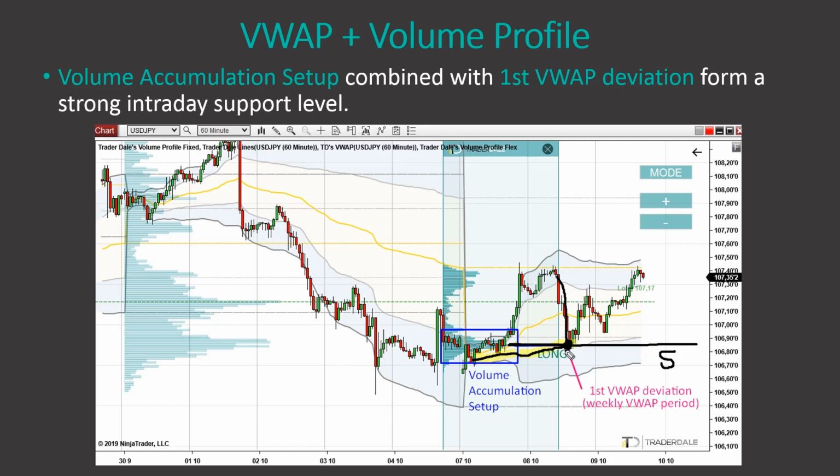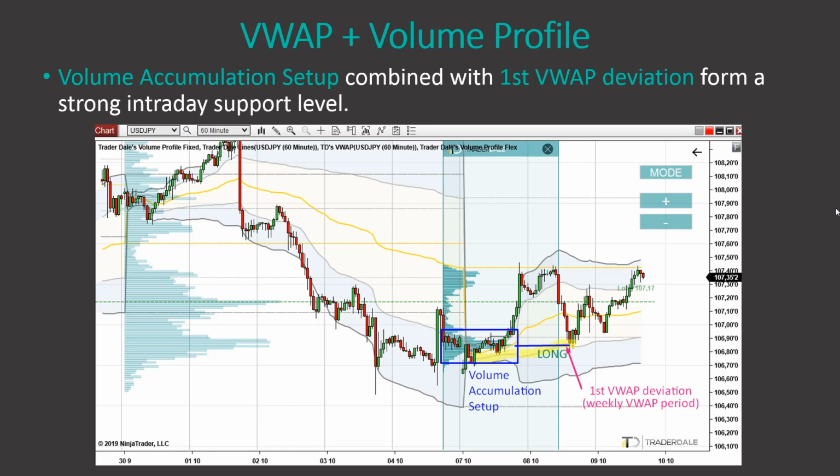The price makes it back to this level, hits the VWAP, hits the volume-based support. And both those, the VWAP and the volume profile, tell you to go long from there. All right, so confluence of VWAP and volume profile. That's what you want to see. That's, in my opinion, the best way to use the VWAP.